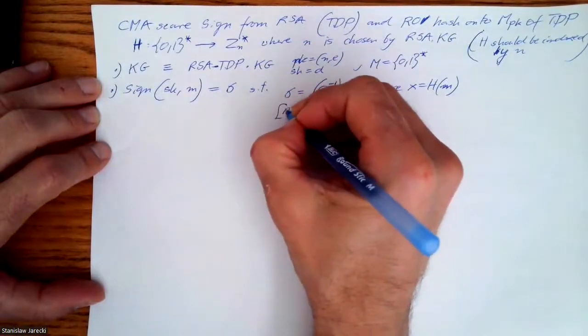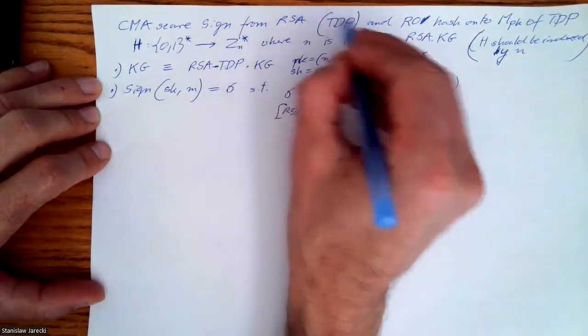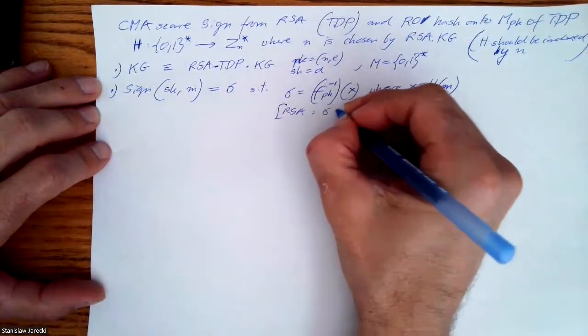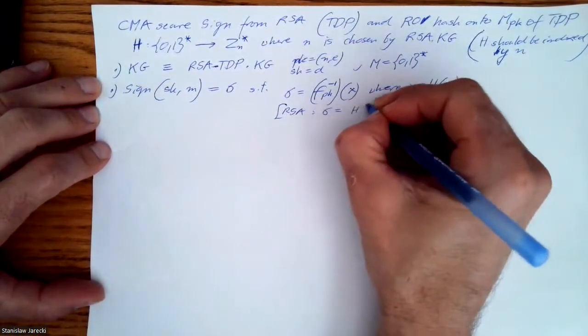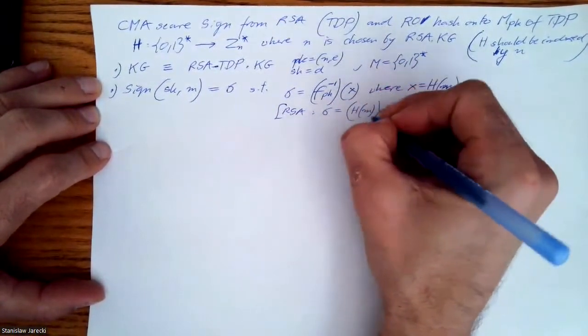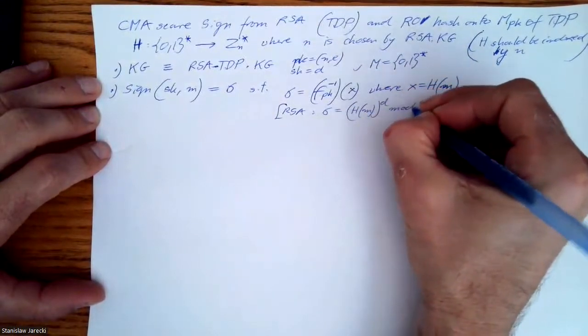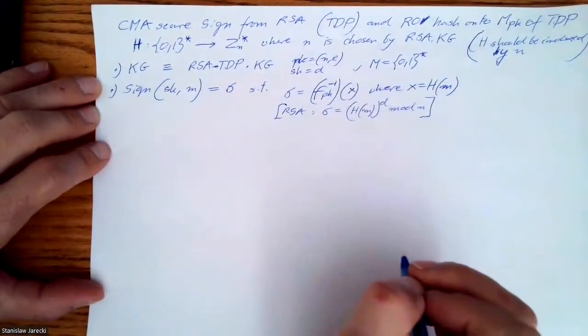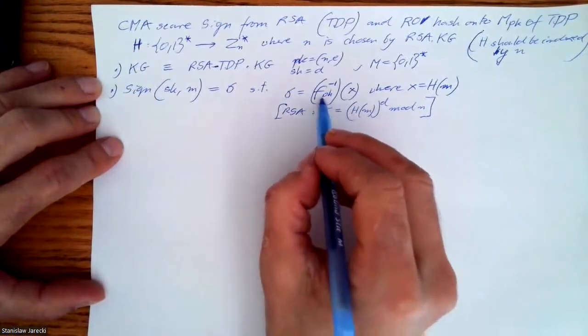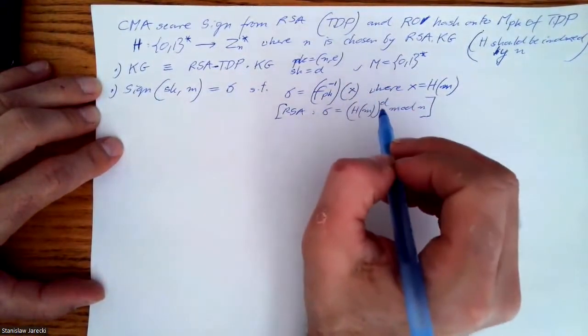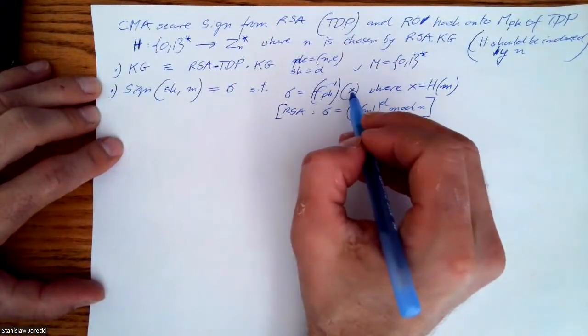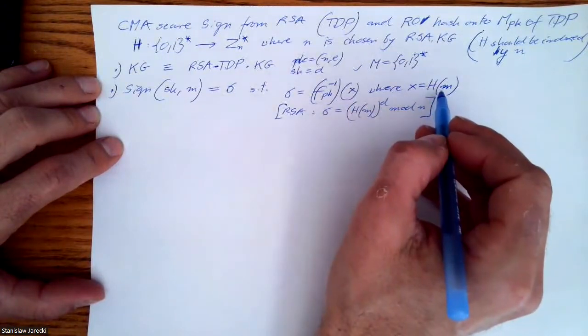So in other words, in the RSA case of the trapdoor permutation, sigma is hash of m to the d mod n. Because the inverse function is exponentiating to the d mod n, and the point at which you evaluate is the hash of m.